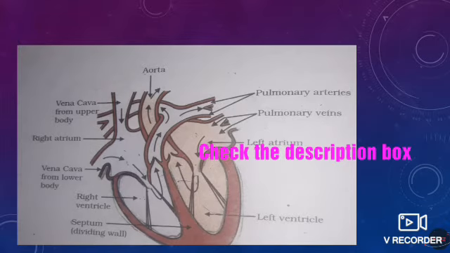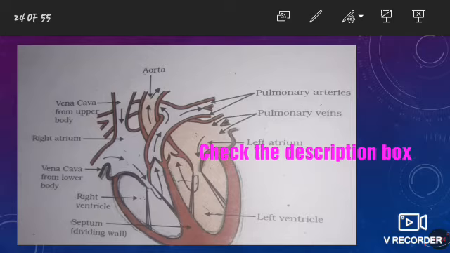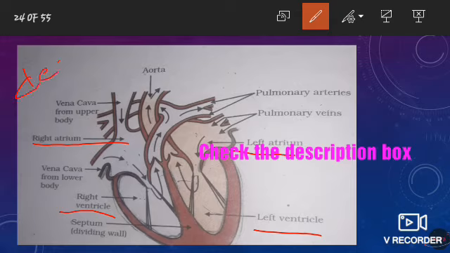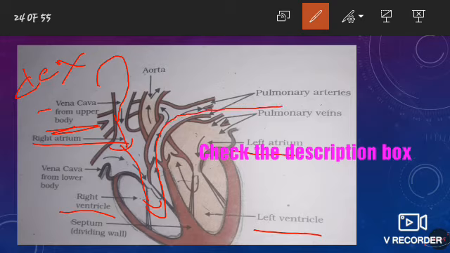Before reaching the next question, you can see this diagram of the heart in which this is the right atrium, this is the left atrium, this is the right ventricle, this is the left ventricle. Deoxygenated blood from different parts of the body comes to the right atrium with the help of the vena cava, and from the right atrium it goes to the right ventricle, and from the right ventricle it goes to the lungs.